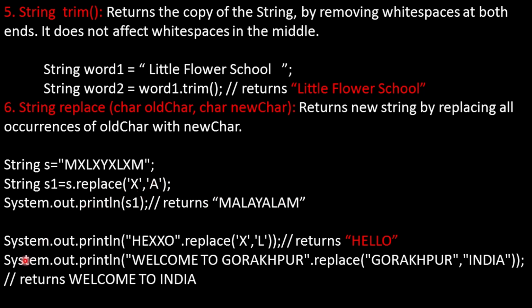Now look at this System.out.println. See, HEXXO dot replace X, L. That means all the occurrences of X in this particular string will be replaced by L. So see, two places we have X, that will be replaced by L. So HELLO. This is the output.